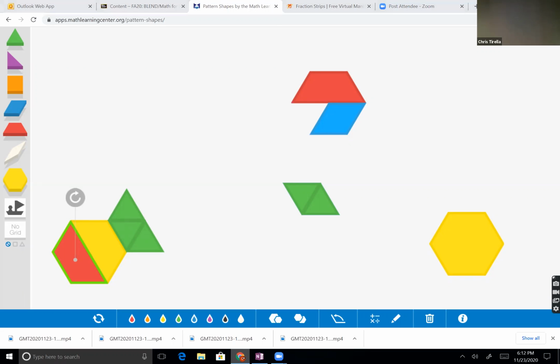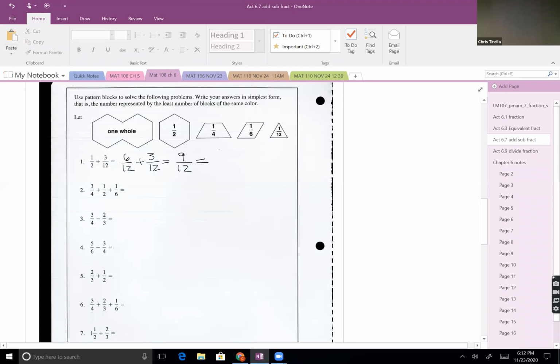And so using that equivalence, wouldn't that give us 3/4? And again, that same general idea of using the different colors and shapes and filling in to show the idea of getting that equivalent denominator.